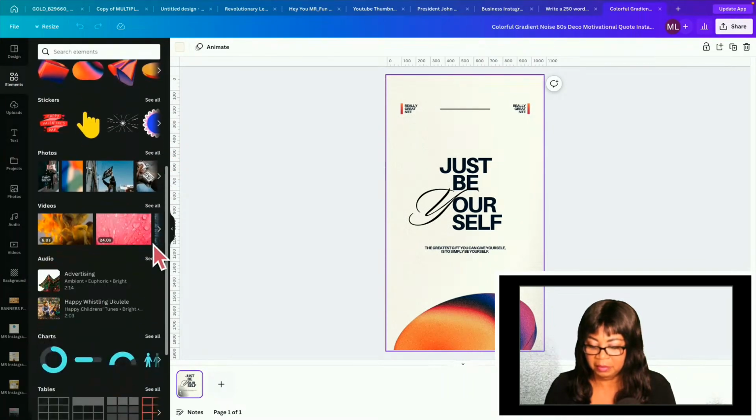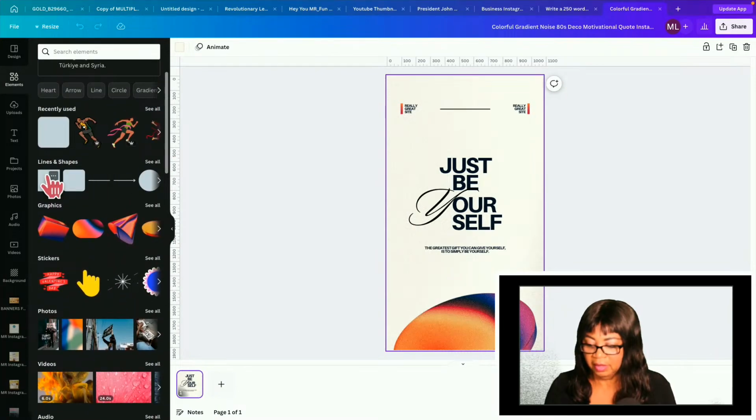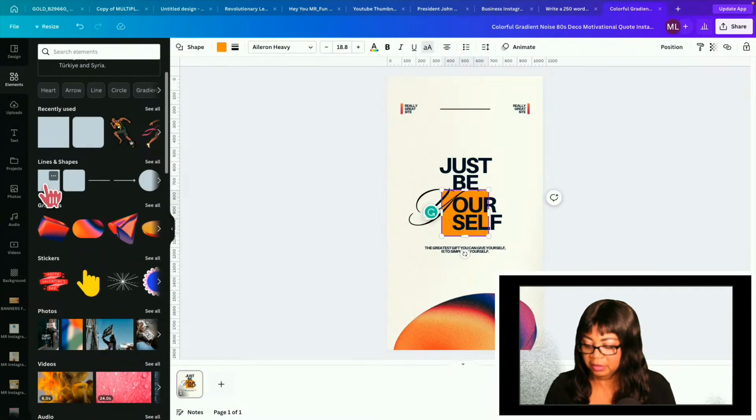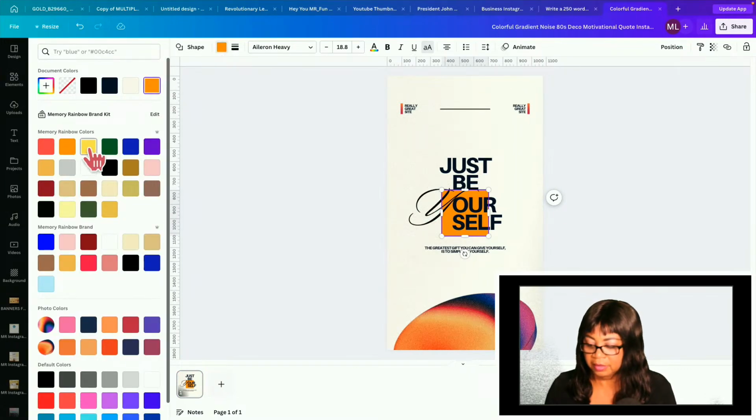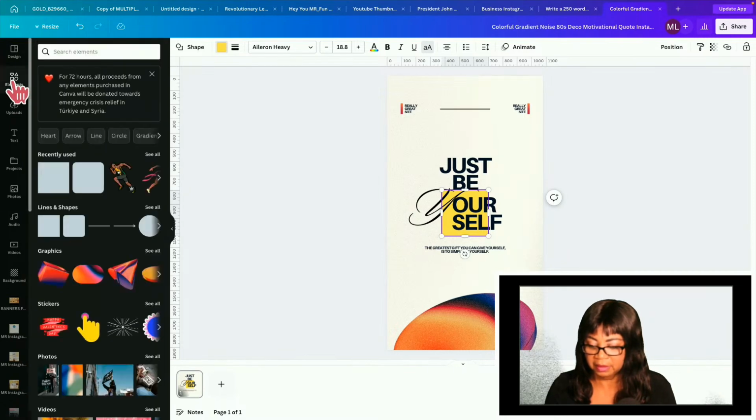You can type in what you might be looking for. You can type in different shapes. Oops, you can type it and just click on it. It brings over the shape. Then you have the different colors. You can change the color to any color you want it to be. So that's really cool.